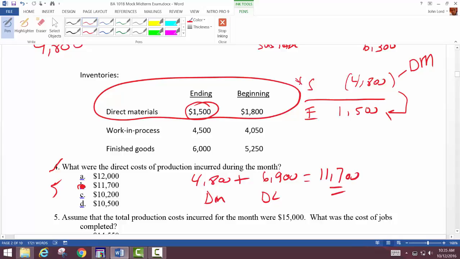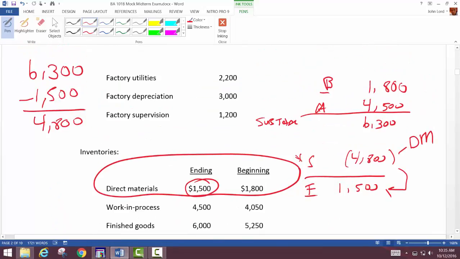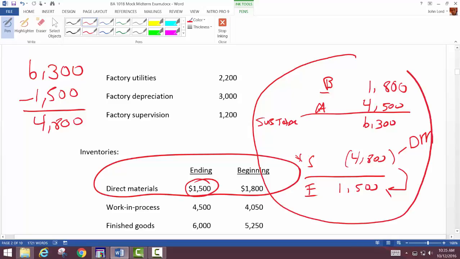Question on that one? Okay, guys, again, I gave a financial 101A test last night, and several people were saying, help, I can't figure this out, something's missing. When I looked at their paper, they were messing around with T accounts, trying to back into amounts.